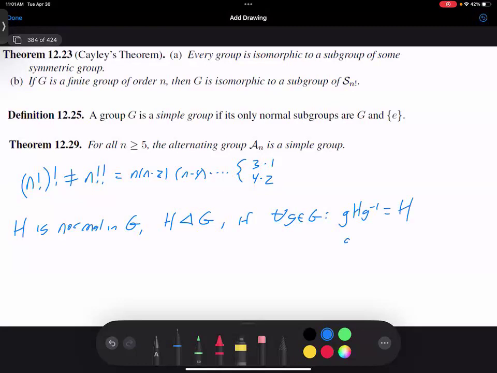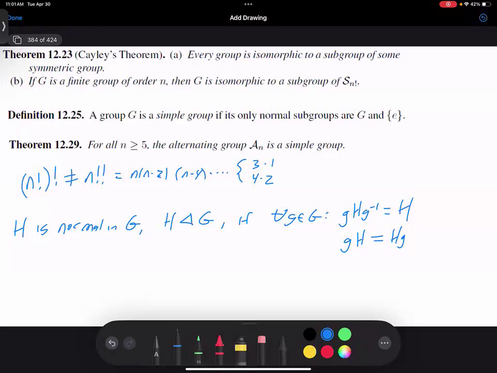So there's two different ways you can write it. gHg inverse equals H, or gH equals Hg. We're not saying that multiplication is commutative, but we're saying if you take the subgroup H and you multiply on the left by g, or you multiply on the right by g, you get the same set of elements. Maybe in a different order, but you get the same set of elements. This is what it means to be normal.